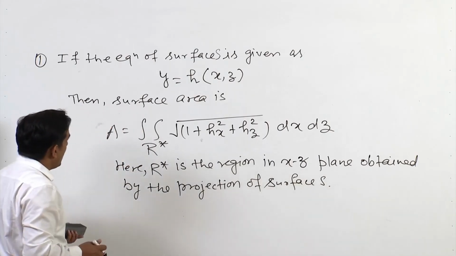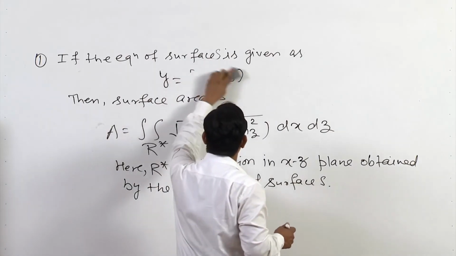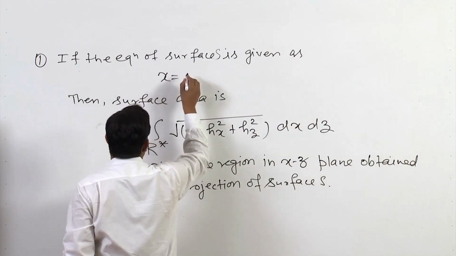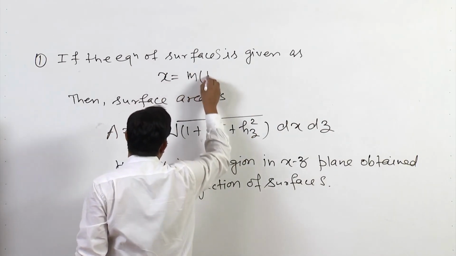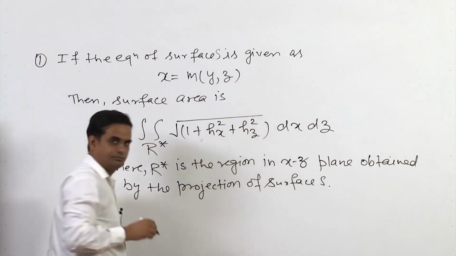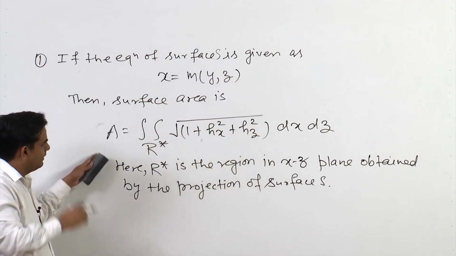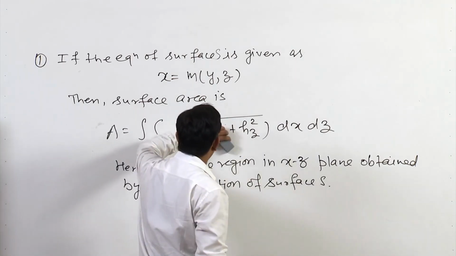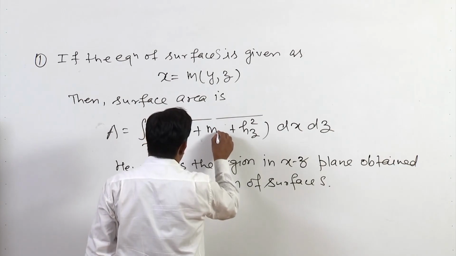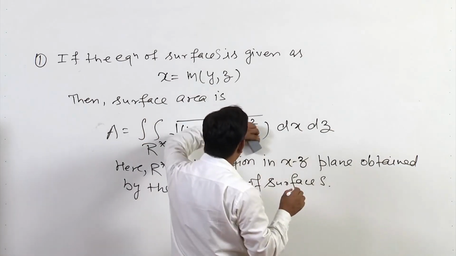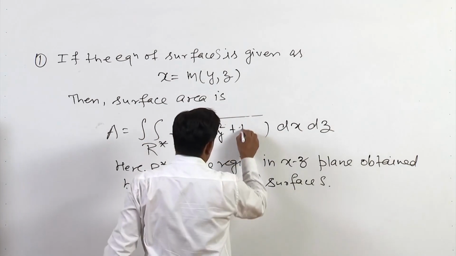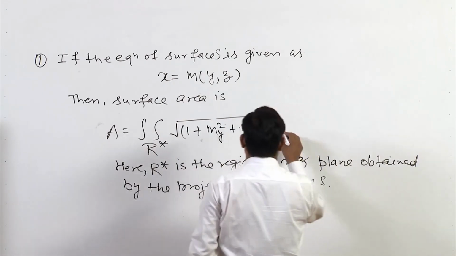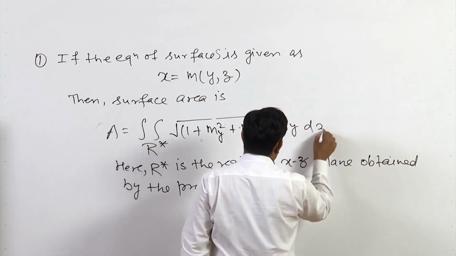If the equation of the surface is given, let us say, x equals some m of y z, then the surface area A is given as square root of 1 plus m_y square plus m_z square and then dy dz.